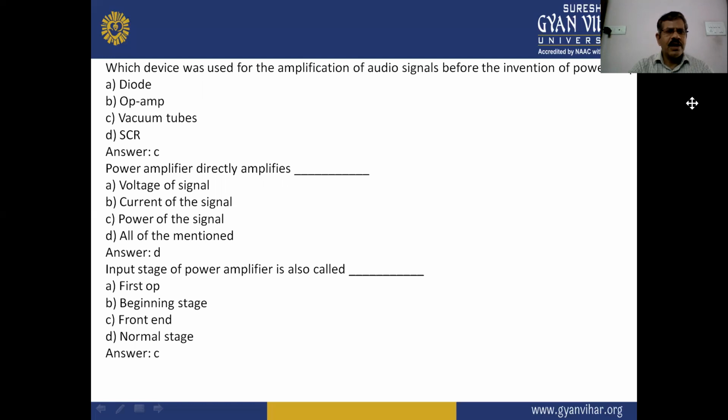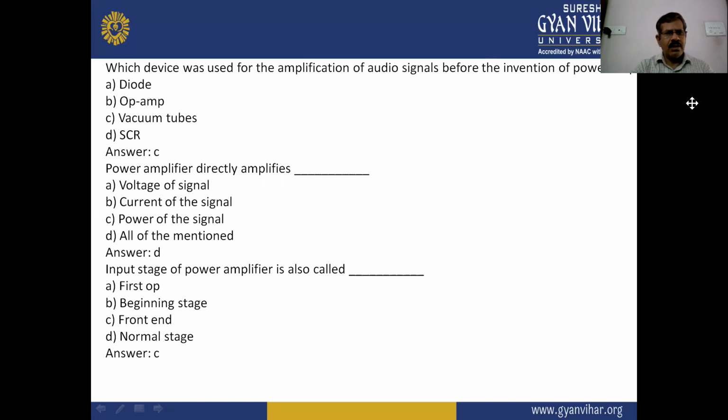Here the diode is used for rectification, which means converting the AC supply to the DC supply. And the op-amp is the operational amplifier, which is also an amplifying device.